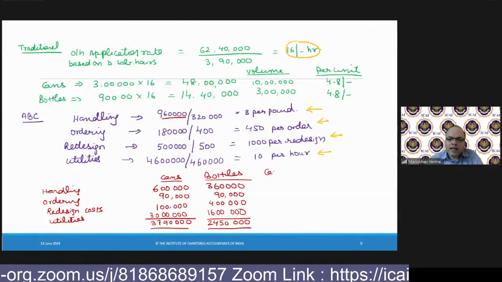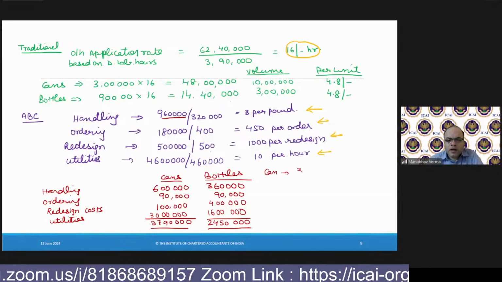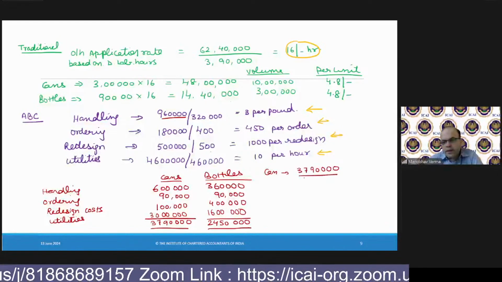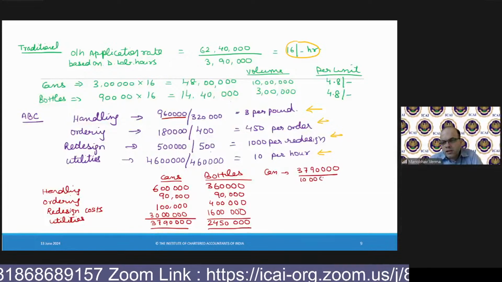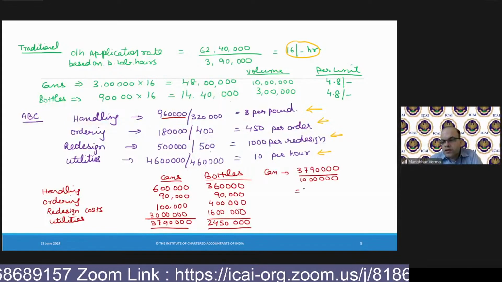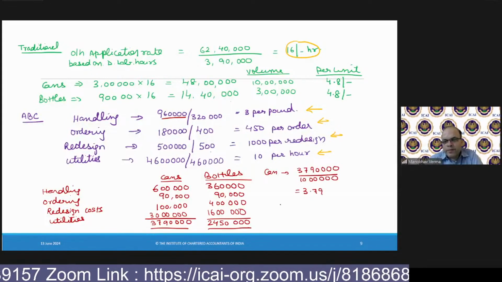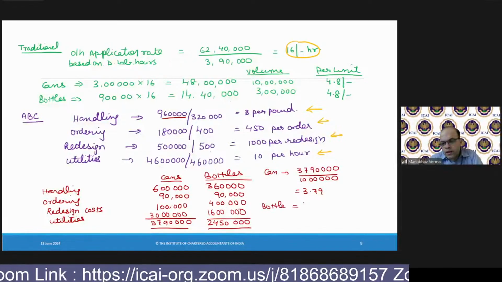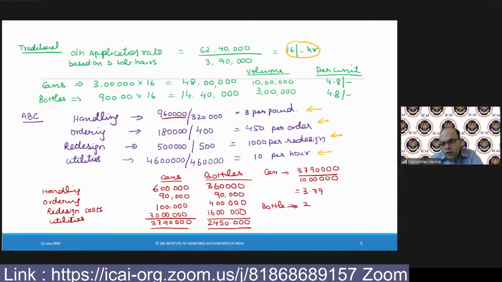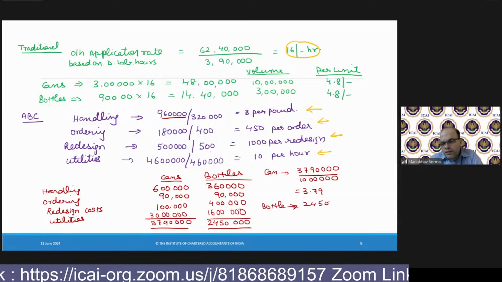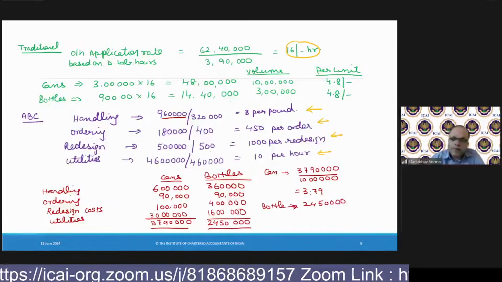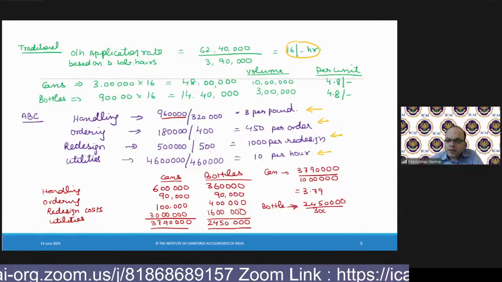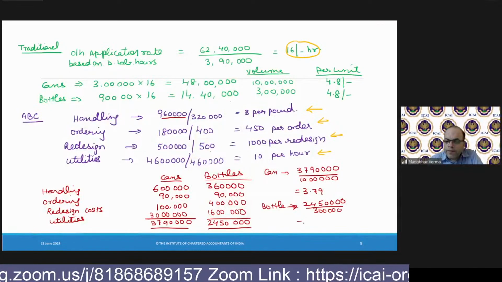So if I look at can here, we are looking at 3790 upon 10 lakhs, which is 3.79. And bottle is 24 lakhs 50,000. The number of units were given to us as 3 lakhs here.